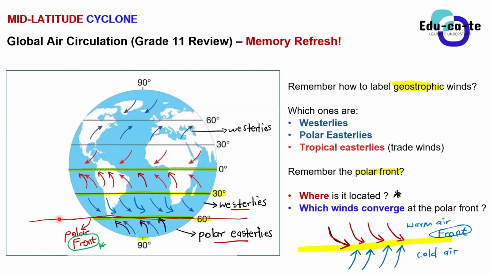So for us to have a polar front, we are having two masses that are different: one that is cold air, another one that is warm air. Now the question is, which winds converge at the polar front? Which air masses meet at the 60 degrees line of latitude to form the polar front? Which ones are those?